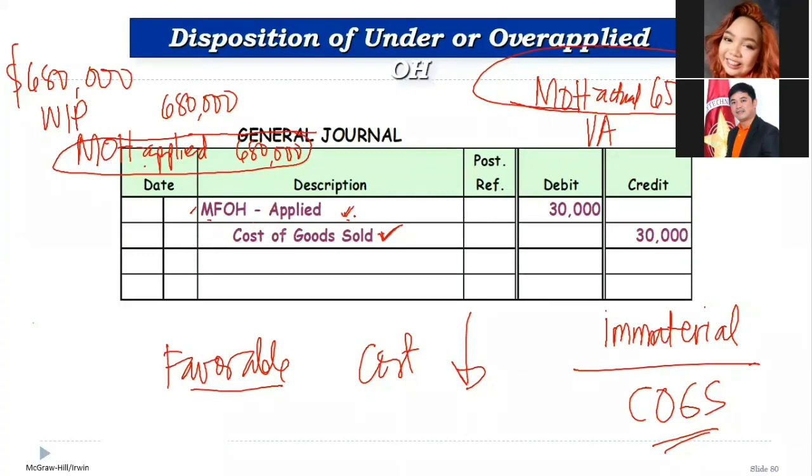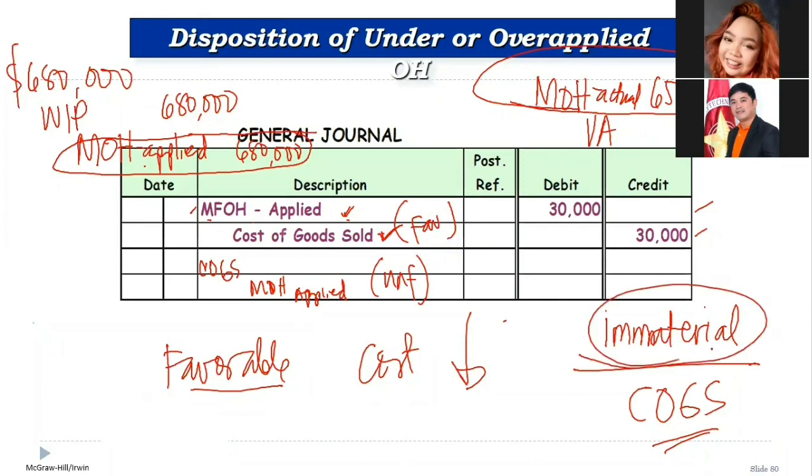So babawasan mo yung applied. Okay? So that's 30,000. So kung unfavorable yan, so debit, cost of goods sold, and credit, MOH. Para sa applied din po. Okay? Kung unfavorable. Ito kasi yung scenario na favorable. Alright? Ayan. So, yan ay kapag immaterial cost of goods sold.